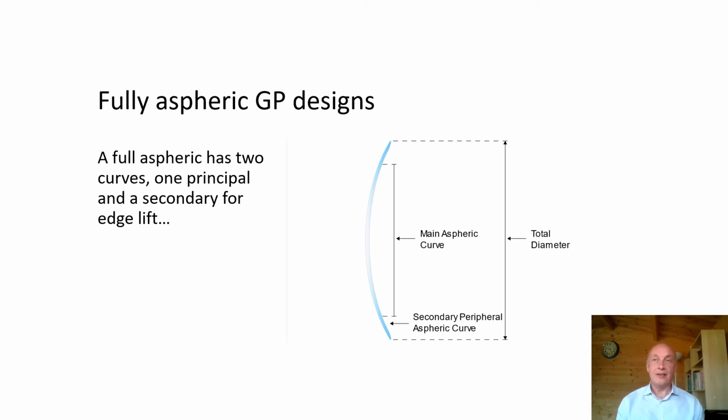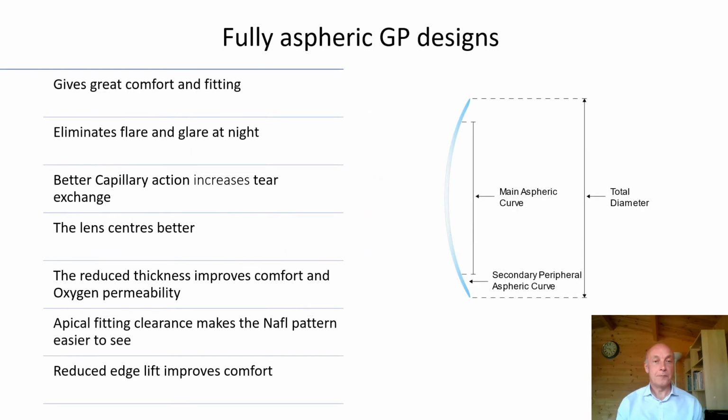Now, without this edge lift there would be no tear exchange and the lens would be very difficult to remove. So because we've fitted this aspheric cornea with an aspheric design, the comfort is very, very good. The lens fits very well.